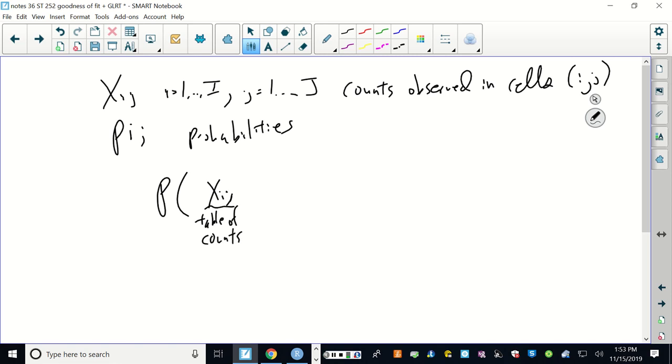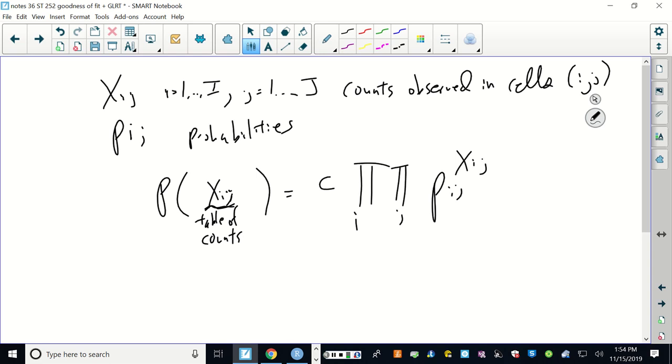So this is our x_ij's, the whole set of them. Under this model there's a combinatorial term out here, but it's basically a product over the i's and a product over the j's of the p_ij's raised to the x_ij's. This is similar to binomials where we have p to the x, 1 minus p to the n minus x.